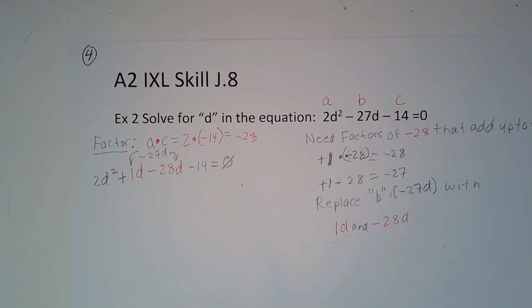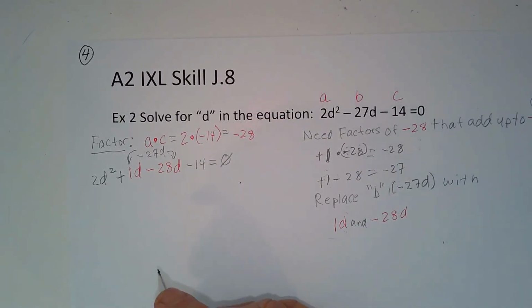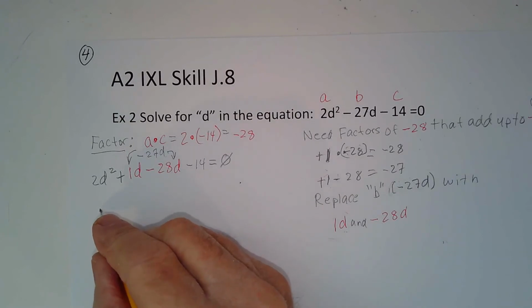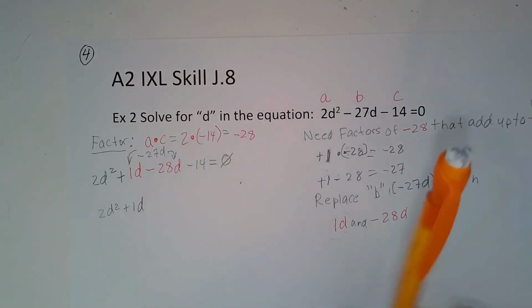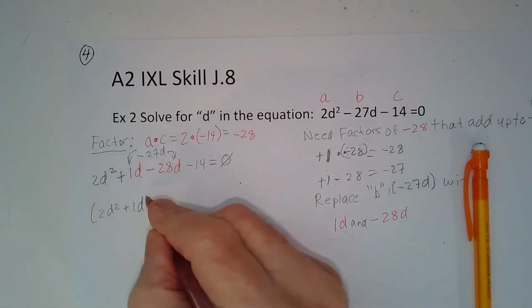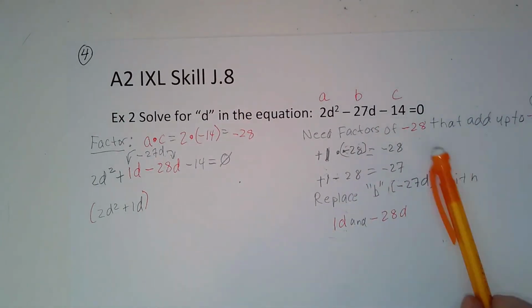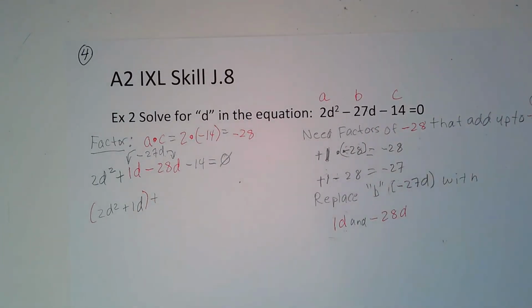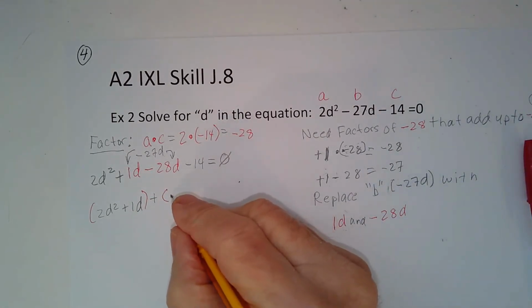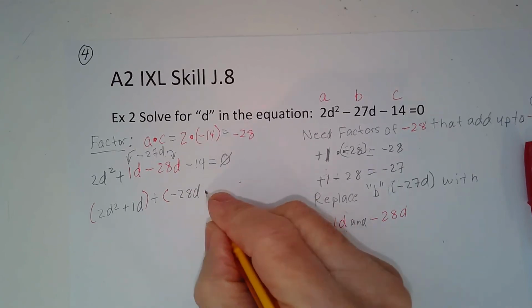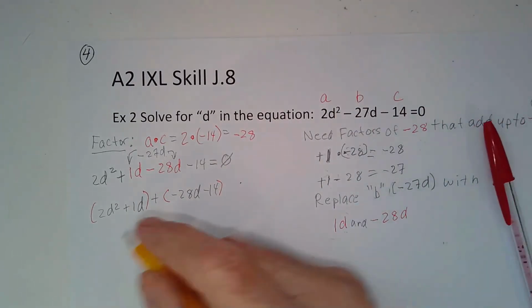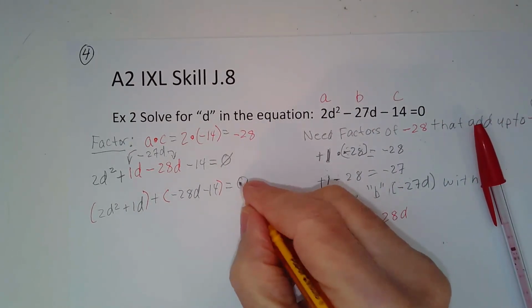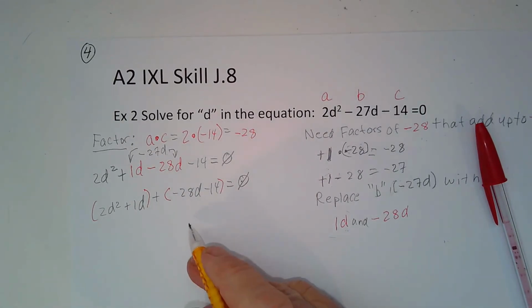Okay? All right, so now I'm going to go ahead and rewrite this into two binomials. So I have 2d squared plus 1d, and that's in parentheses, plus negative 28d minus 14. And all of that added together equals 0. Now I'm going to go ahead and do the actual factoring.